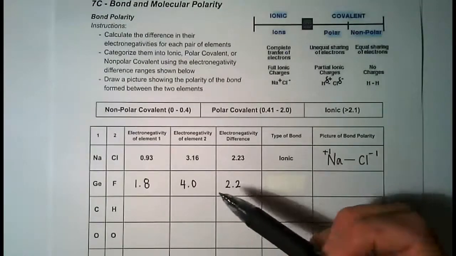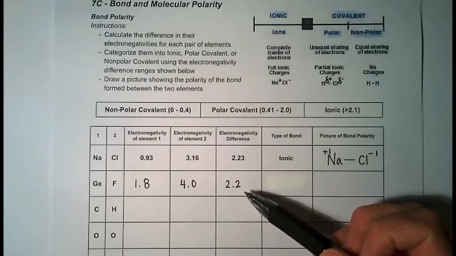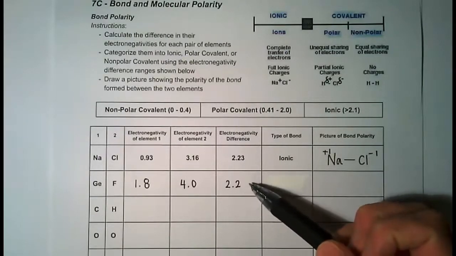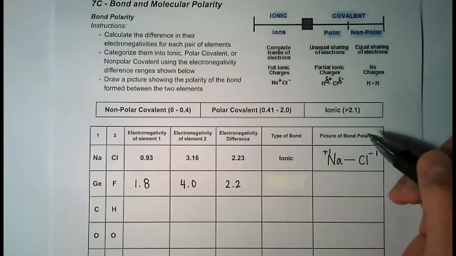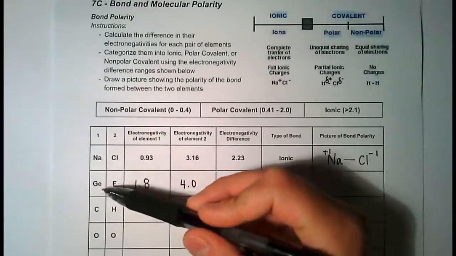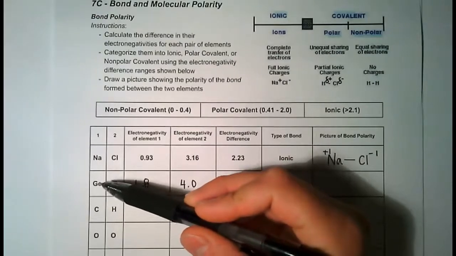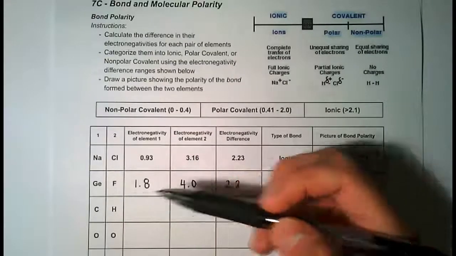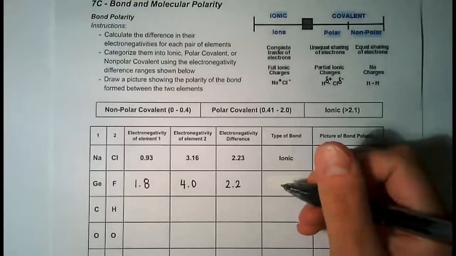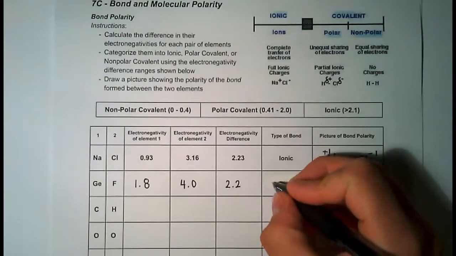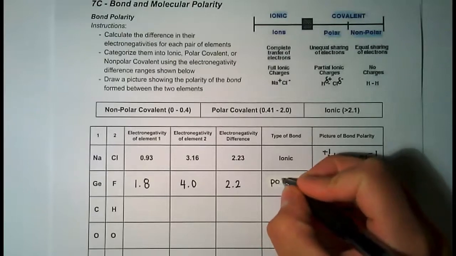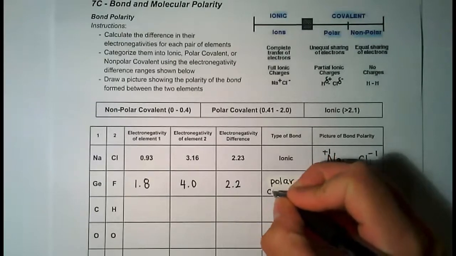If we have an electronegativity difference of 2.2, based on our chart that would be an ionic bond, but germanium is not a metal. It is a metalloid. And so we know that it can't be an ionic bond, it is just an extremely polar covalent bond. So I'm going to put polar covalent.